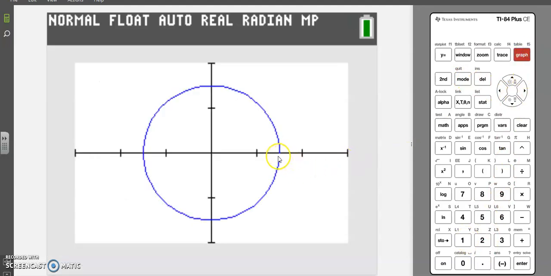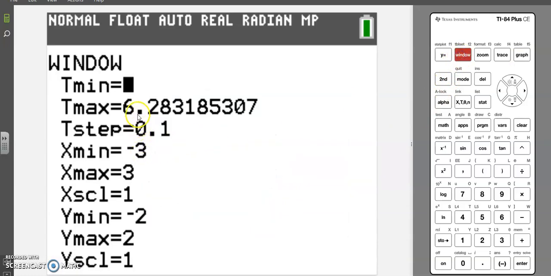Right here, why is there a gap? Why did it not complete the circle? Well, the easy answer is, if you look at your window, my Tmax is 6.28, that's 2 pi, but my t-step is 0.1, so t goes 0.1, 0.2, 0.3, and it gets to 6.0, 6.1, 6.2, but the next one it would plot was 6.3, and that's above my Tmax.